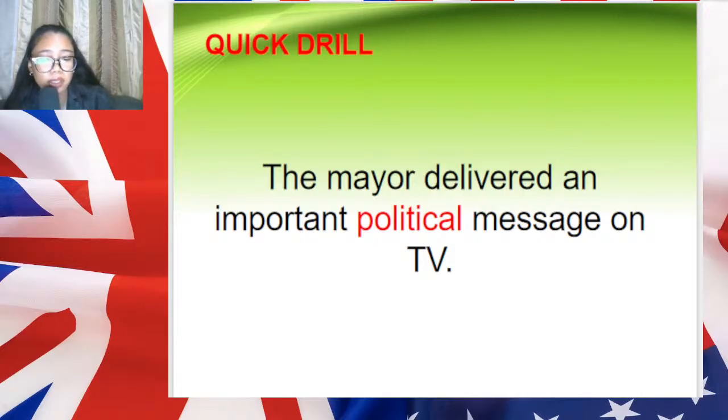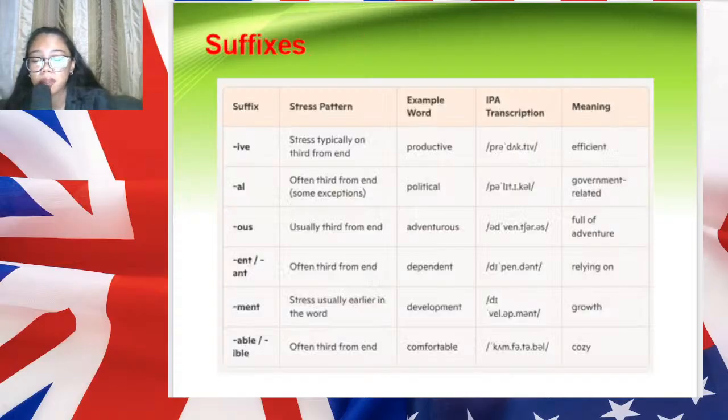Political, we've already talked about that also. The suffix here is -cal.